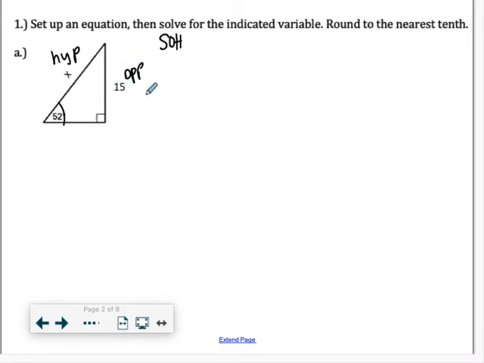So what we know here is that the sine of 52 must equal opposite divided by hypotenuse, which is 15 over x. So we know this is true. So our job is to solve for x. X is in the denominator right here. Okay, we need to get x by itself. So this is a three-step process that I'm going to show you, and then I'll show you how we can rearrange in a shortcut kind of method.